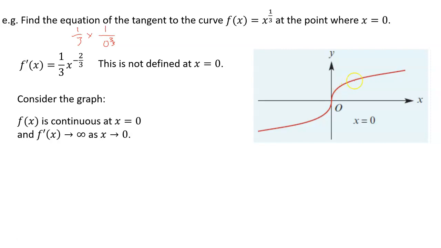If we consider what happens to our gradient, as I approach 0, both from the positive side and from the negative side, my curve is getting steeper and steeper and steeper until at x equals 0, I have an infinite gradient. Tangent at that point would be a vertical line, so it has a vertical tangent at x equals 0. And the equation of the tangent would be x equals 0.